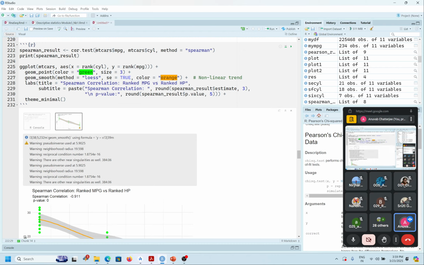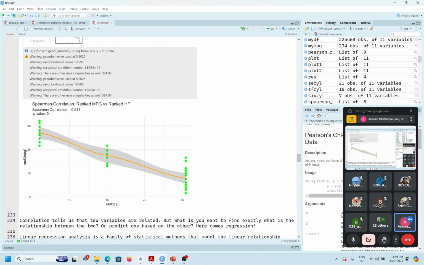And then if you plot it, you actually see the negative correlation as a negative slope of the entire line. So as the number of cylinders increases, the mileage decreases, which makes sense. But again, it does not tell you about the causation.